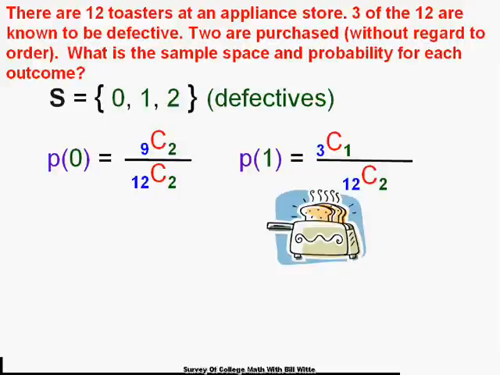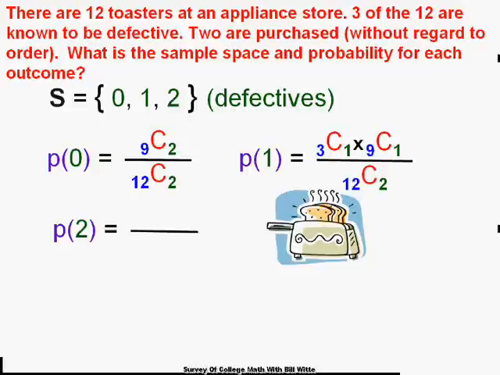We'll use our multiplication principle to multiply by the other toaster, taken from the 9 non-defective ones, a combination of 9 taken 1 at a time. Get the idea?